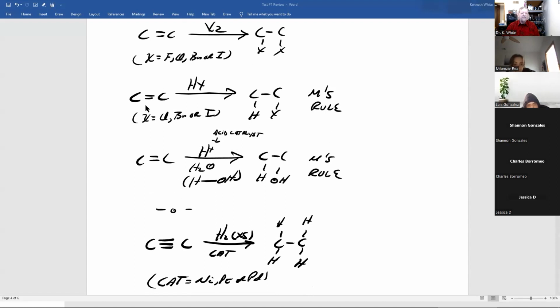If you take a double bond and react with HX, where X is chlorine, bromine, or iodine, you break the pi bond, 1 carbon of the double bond gets H, the other gets X. It follows Markovnikov's rule. That is, the carbon of the double bond with the most hydrogens gets the hydrogen, the other gets the halogen.